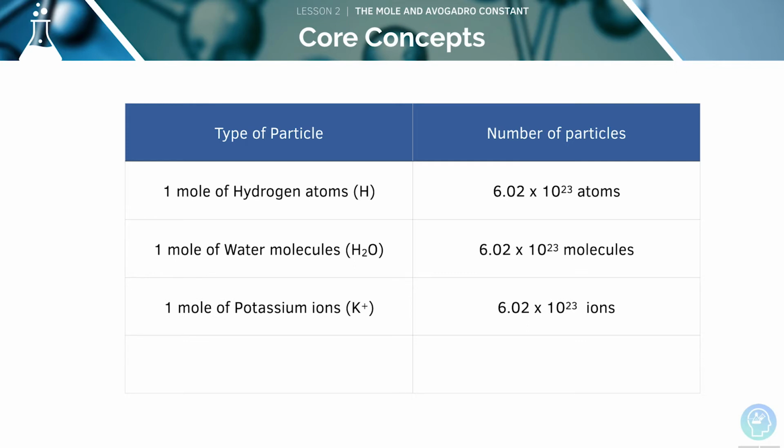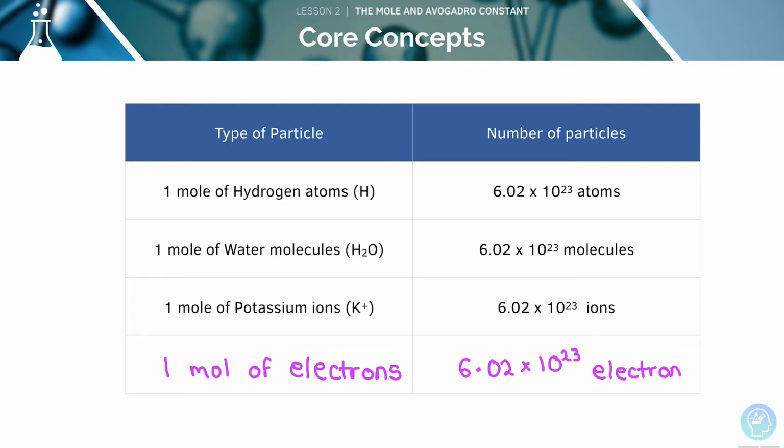Finally, let's look at electrons. 1 mole of electrons is going to be equivalent to 6.02 times 10 to the 23 electrons.